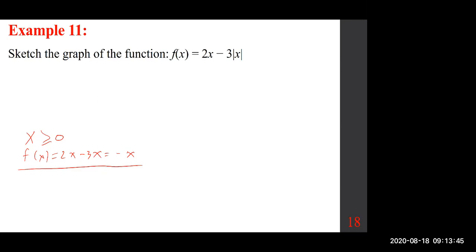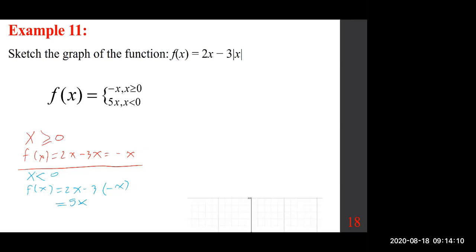The second part, when x is less than 0, then f of x becomes 2x minus 3 times the absolute value, which changes to negative x, so you get 5x. So you graph y equals 5x. That's important to see. So you graph the two pieces and you put them together looking like that.